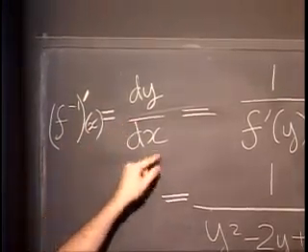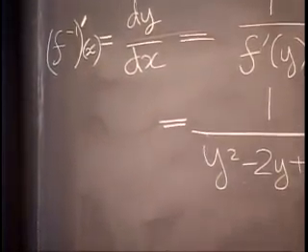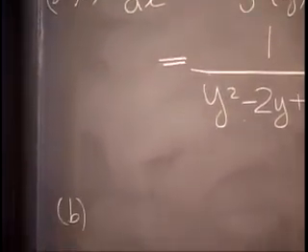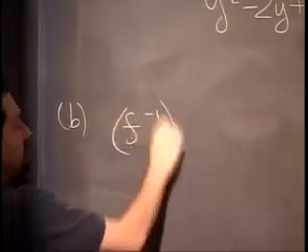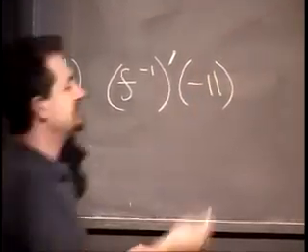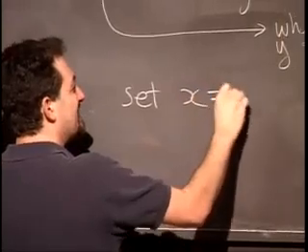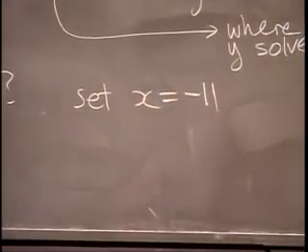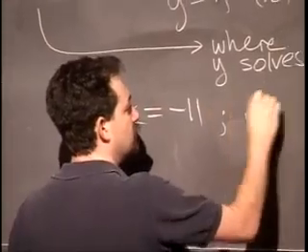So for the second part of the problem, we need the derivative of f inverse at minus 11. So that means we have to set x to minus 11, and then we have to find out what y is.